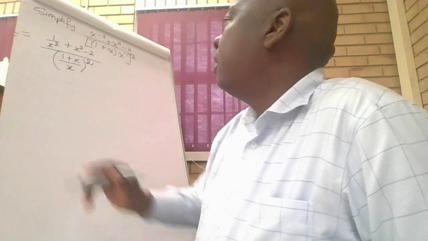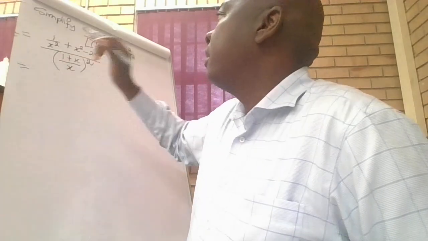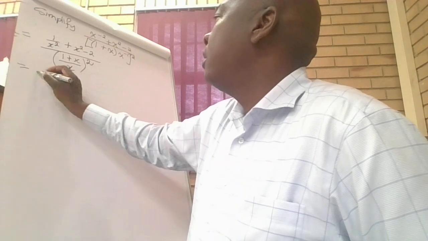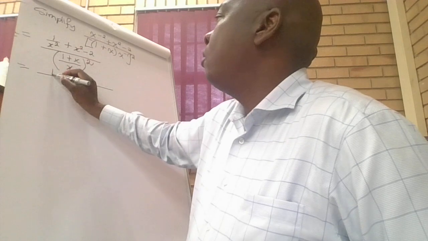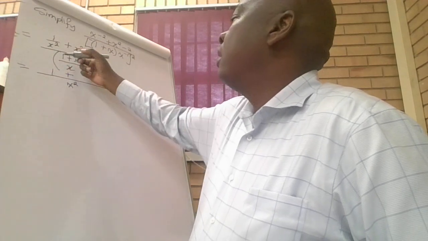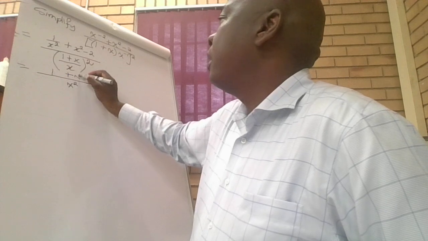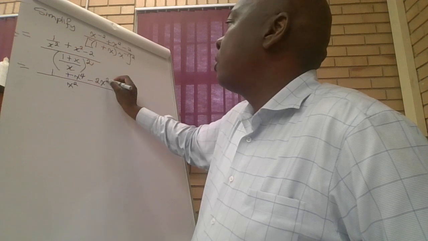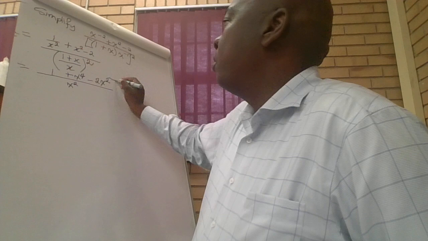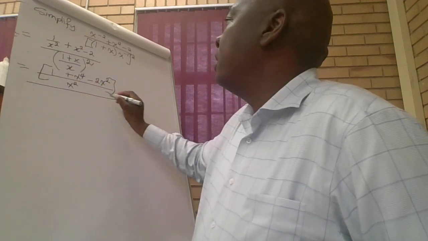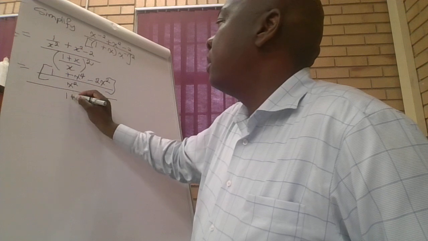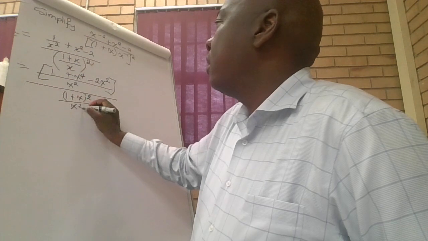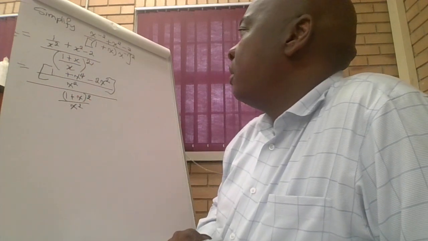And now from here, I can see that in the numerator, I can find a common denominator, which is x squared, and that becomes 1 plus, this becomes x to the power 4, and that is minus 2x squared. So that's what I have in the numerator. And in the denominator, I can express this as 1 plus x, and that is squared, and all this is over x squared. So what do I observe here?